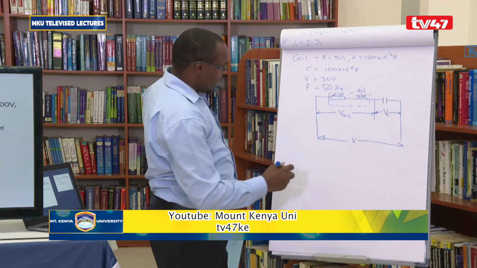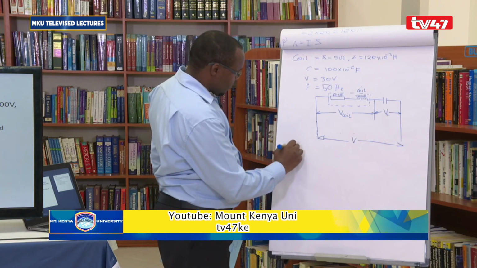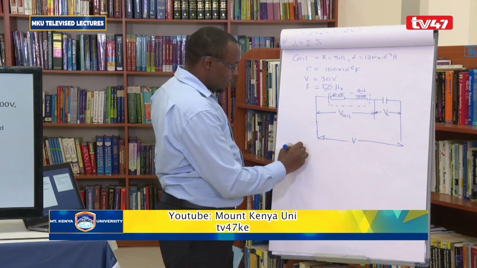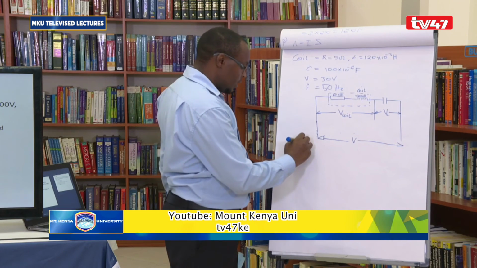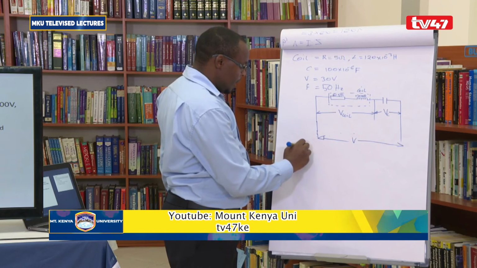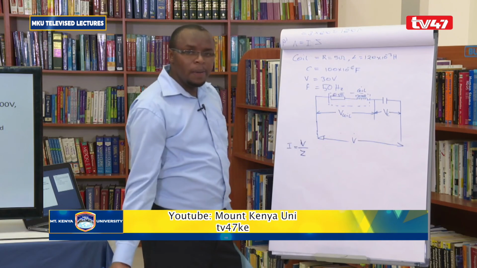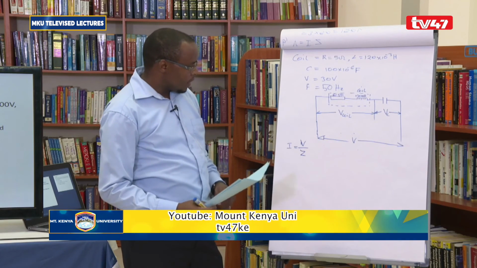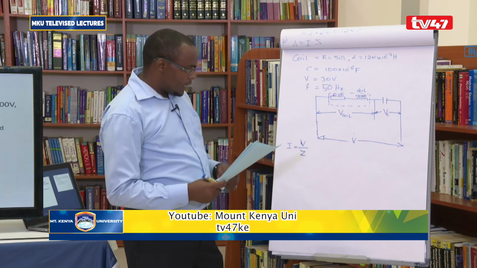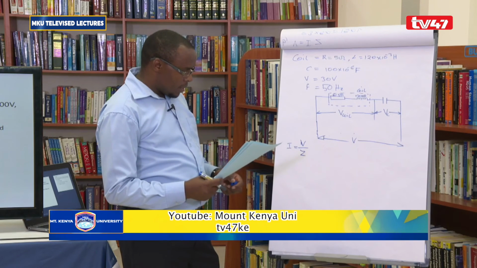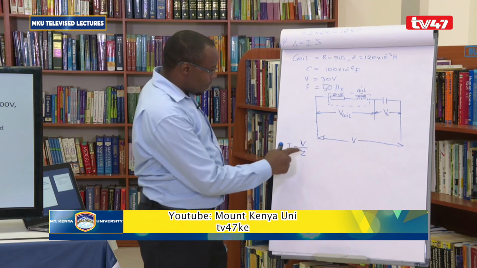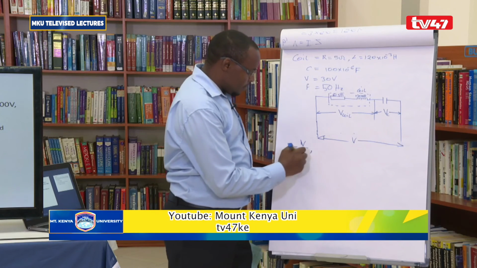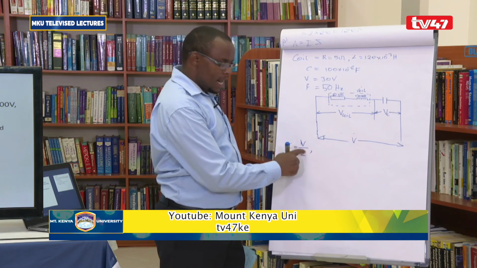Now, the current flowing, remember we said current is given by the voltage divided by the impedance. This is what gives us the current. But now we have been given the voltage, but we have not been given the impedance here.